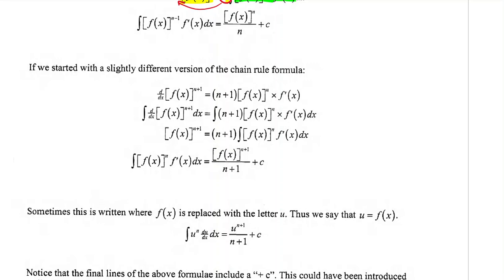So what it means is, if I'm trying to integrate a function, so something in brackets, with some power of n, what I need is to have the derivative of the function next to it. If I can have that derivative next to it, you basically ignore the derivative, and all you have to do is keep your bracket, add 1 to the power of your bracket, and divide by your power of your bracket. Sounds very simple. The formula looks gross, but the process is hopefully much simpler.